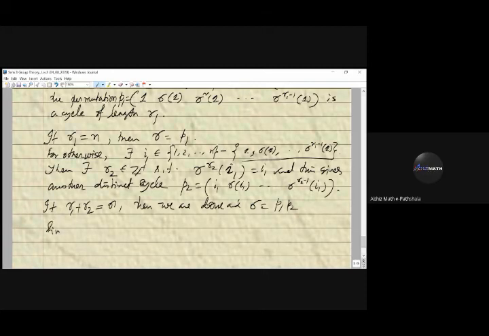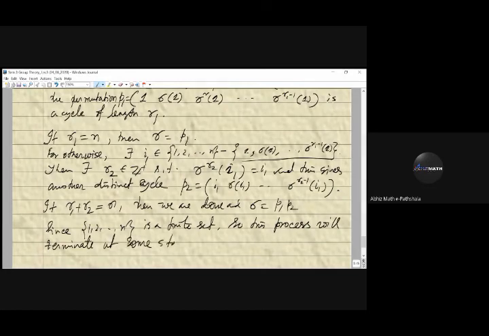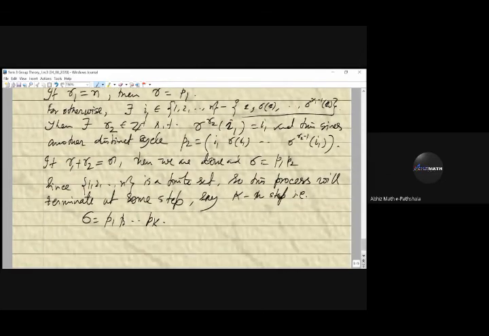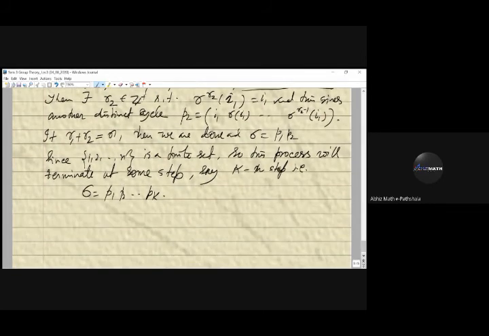Since it is a finite set, this process will terminate at some step, say the kth step, that is, sigma can be represented as P1 through Pk.